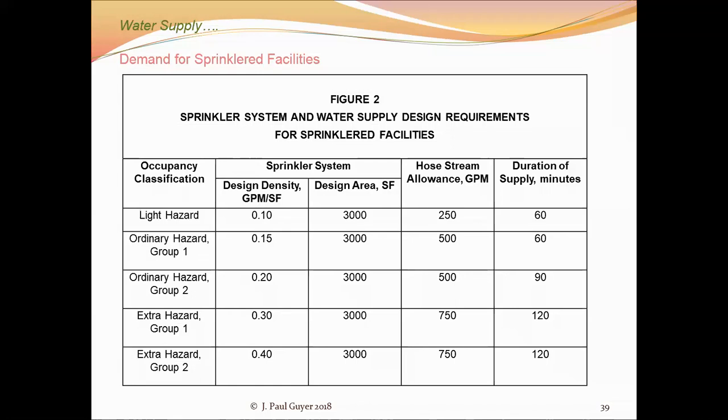So that's how big you need to make the tank if you have to store water on site. So this is a methodology for determining how much water you need for your building for fire protection purposes if your building is mandated by code to be served by an automatic sprinkler system.